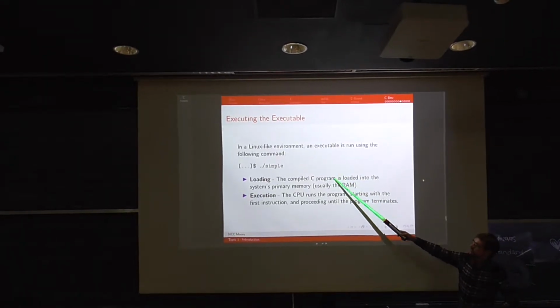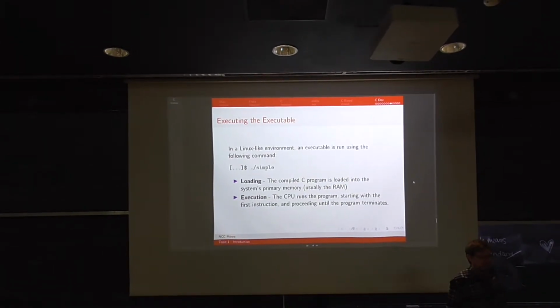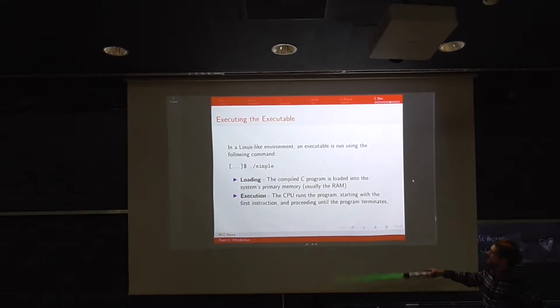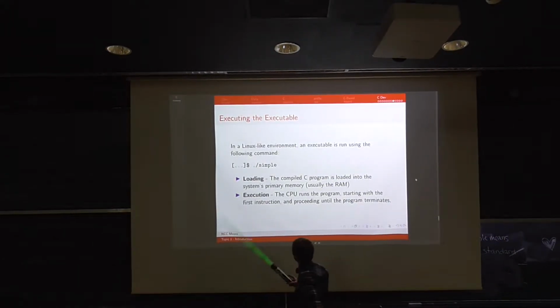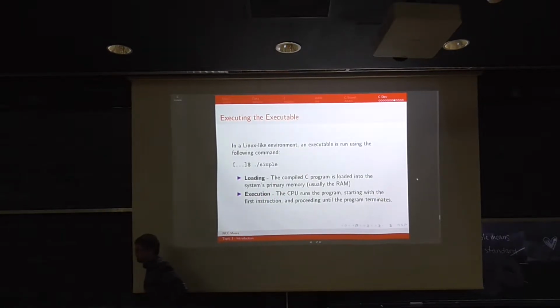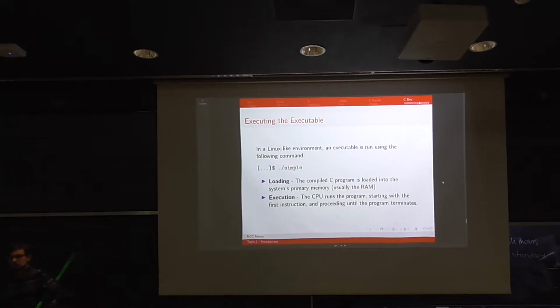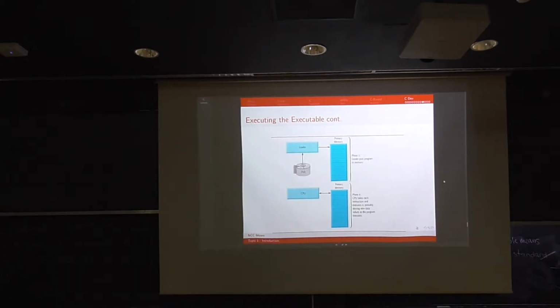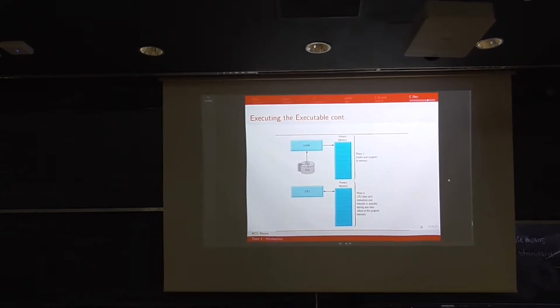Once invoked, the C program is loaded into the system's primary memory, normally RAM, and then executed. The CPU runs the program starting with the first instruction and proceeding until the program terminates. Any questions?